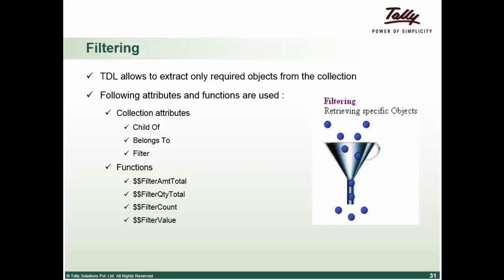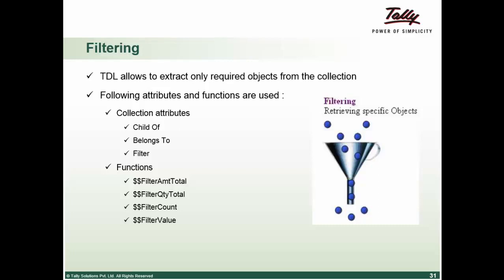Similarly, we have filter count also, which will count how many objects the collection has based on the filter criteria. And filter value is used to get the value of a specific expression based on the position specified in the set of objects based on the filtration criteria given.